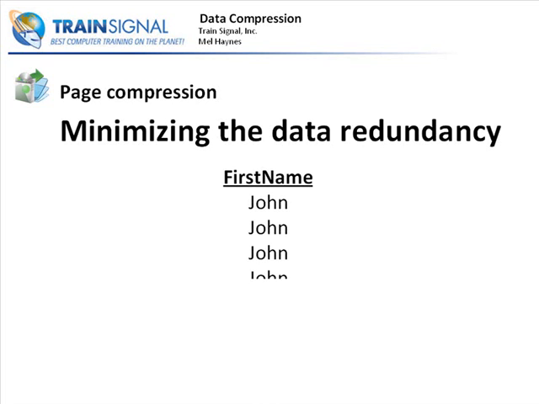So you've got the first name John, J-O-H-N, and then there's the other spellings, right? J-O-N for Jonathan, right? You've got that repeated quite a few times, quite a few million times perhaps, in your environment. So you really don't need to have those four characters, or let's say it's a longer name, you don't need to have those characters repeated over and over again in every record. You could have that text referenced somewhere once and refer to it.